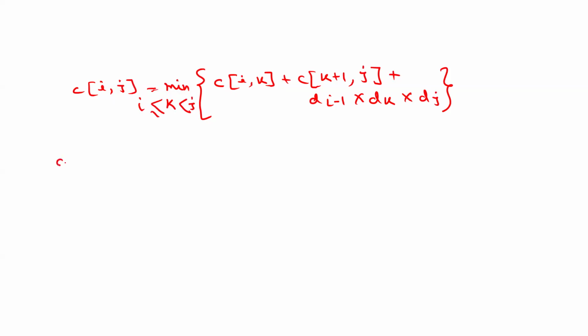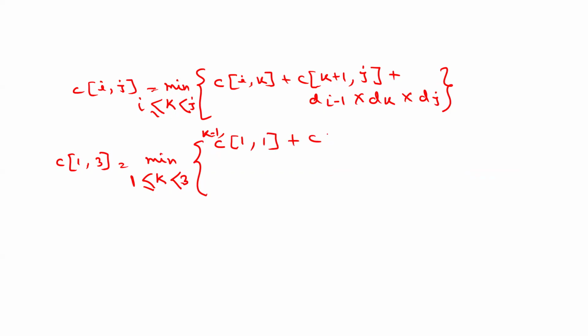So for C13 it will be the minimum of C, where k is greater than or equal to 1 and less than 3. So the k value is 1 and another one is 2. For k equals 1 it will be C(i,k), that is 1, plus C(k plus 1, j), that is 2, 3.